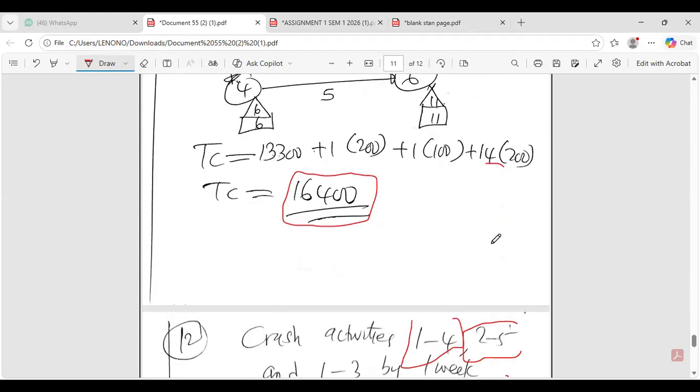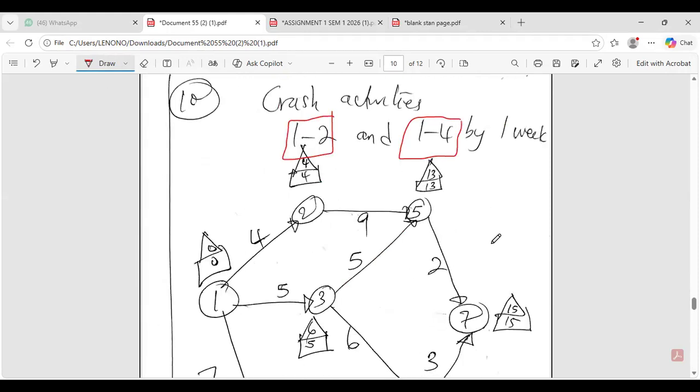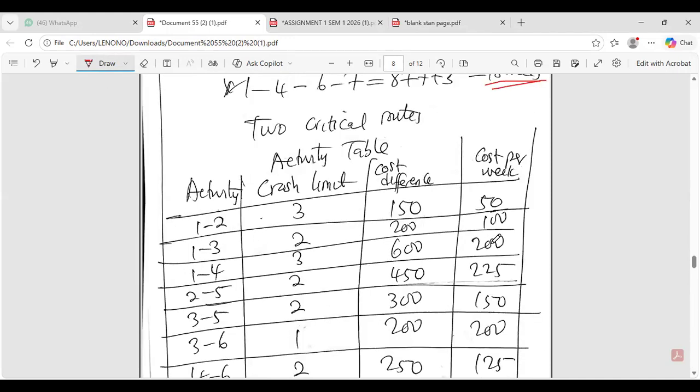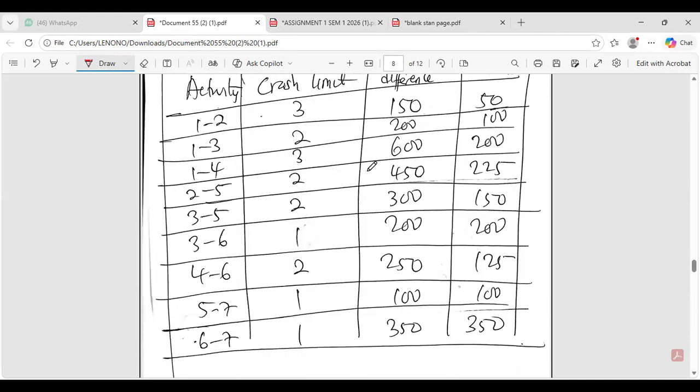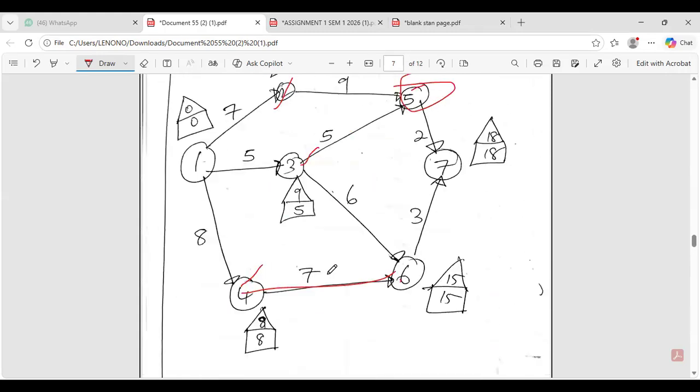So this is how this network was supposed to be crashed to reduce the project completion time, looking at the ones with the least cost per day as we crash the network diagram. This is how this assignment was supposed to be handled.